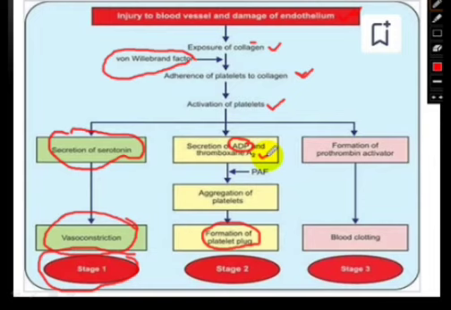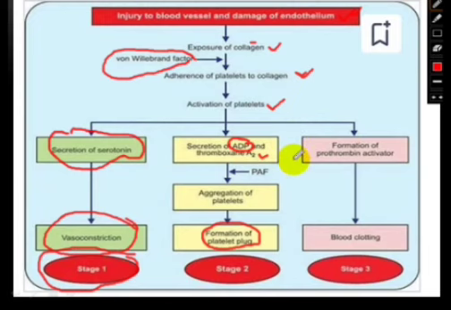ADP simply means what? Adenosine diphosphate. So the activation of platelets in stage 2 causes secretion of adenosine diphosphate and thromboxane A2.